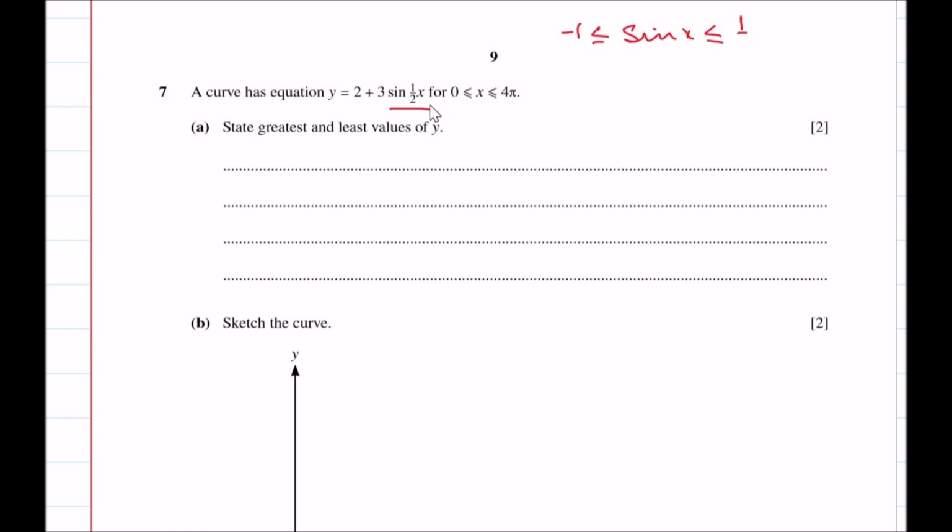So we'll substitute once 1, next time minus 1, and we'll find the greatest and the least value. So greatest value: to find the greatest value, we'll substitute sine half x equal to 1.